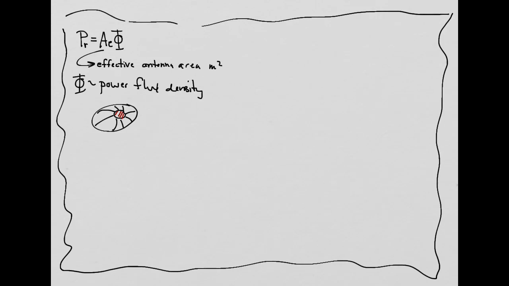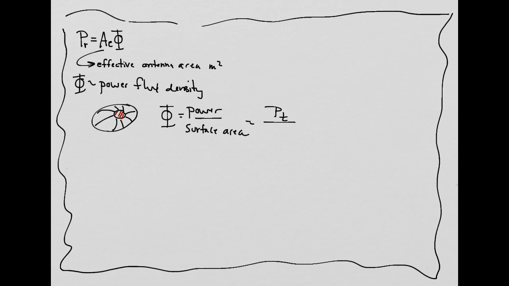So this power density phi is equal to the total power transmitted divided by the surface area, the total power transmitted being PT. Energy has to be conserved, so this energy is not absorbed by anything. Out at distance d, the amount of energy around this entire sphere sitting on the surface area of the sphere still has to be equal to PT.